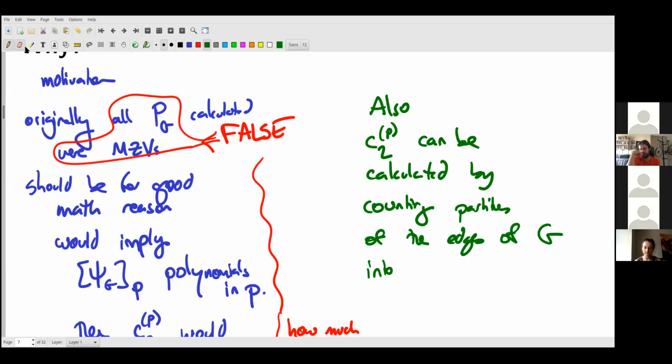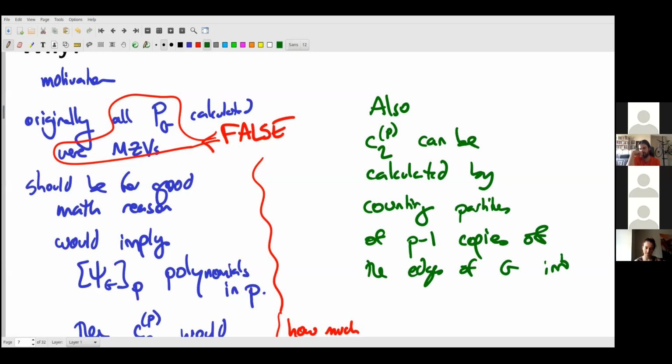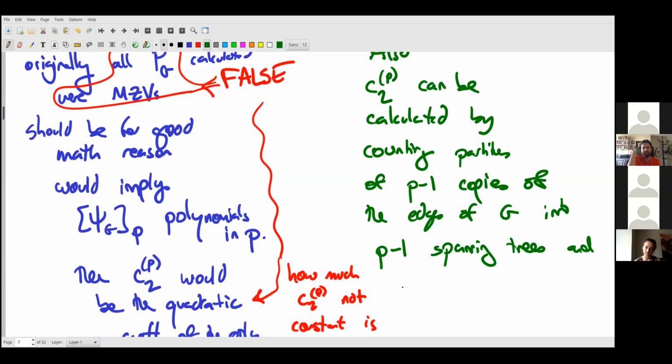I actually need P minus 1 copies of the edges. So partitions of P minus 1 copies of the edges of G into P minus 1 spanning trees and P minus 1 spanning forests of a particular type.